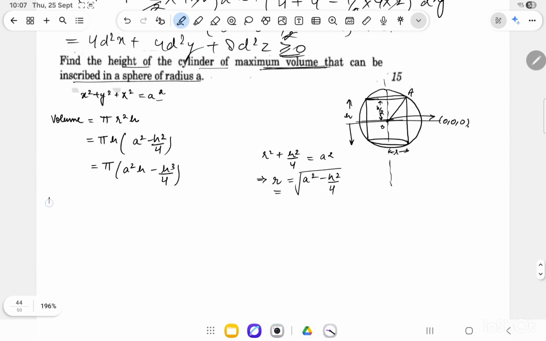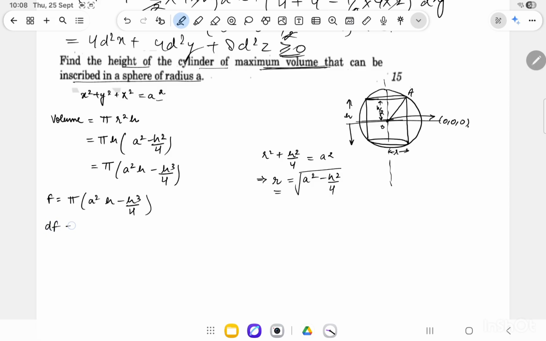So our function f will be basically pi a square h minus h cube by 4. It turns out to be in one dimension only.